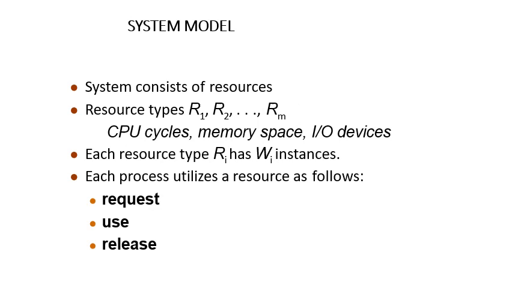Next, coming to the system model. What is a system model? A system model contains the resources. Here the resources are R1, R2 and so on until Rm. The resources might be CPU, memory units or any other input output devices.